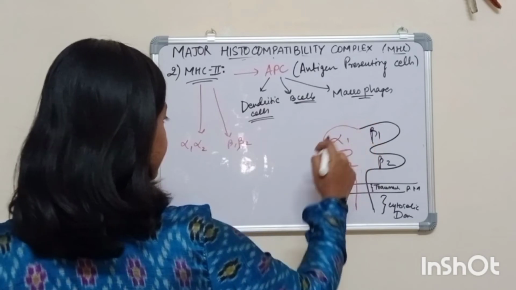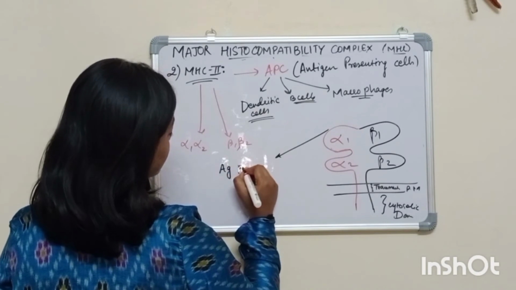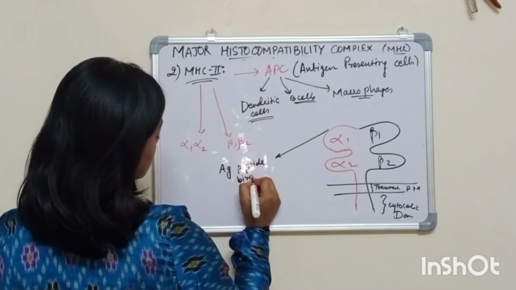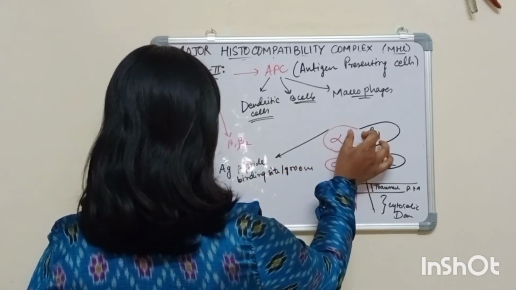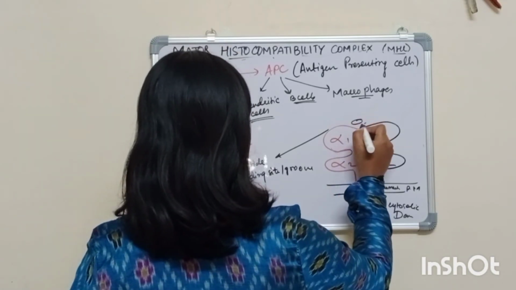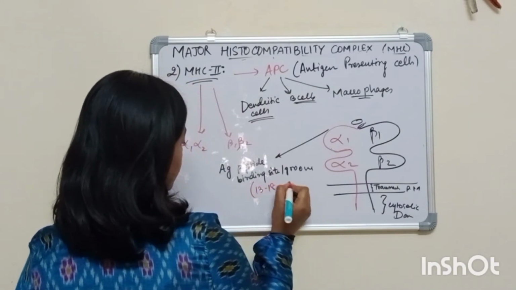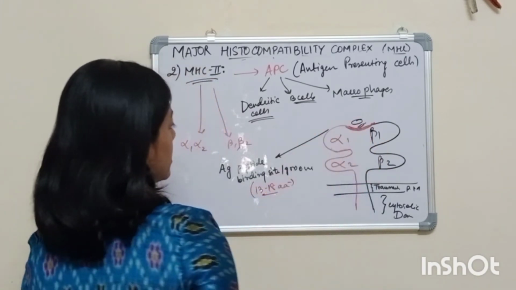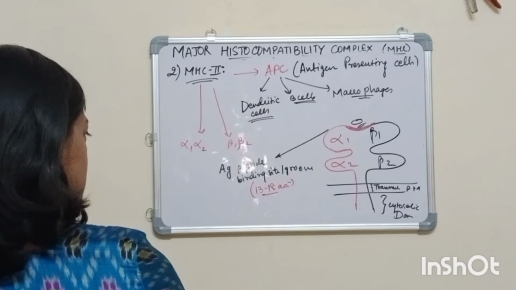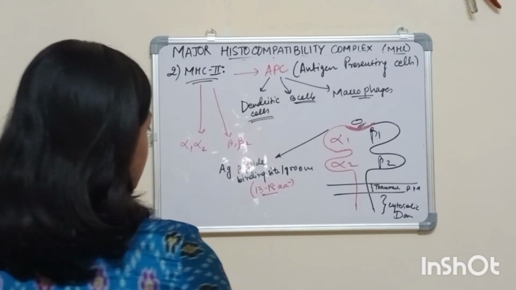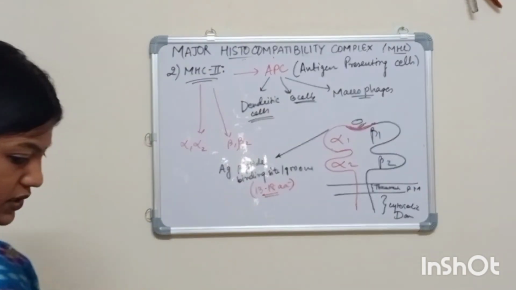In this case, alpha 1 and beta 1 form the antigenic peptide binding site, a groove. This is where the antigenic peptide will bind. It is made up of about 13 to 18 amino acids. In MHC1, the peptide binding site was made up of around 10 amino acids, but in this it is made of larger amino acids.